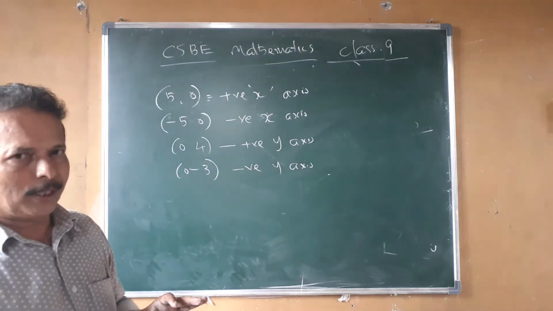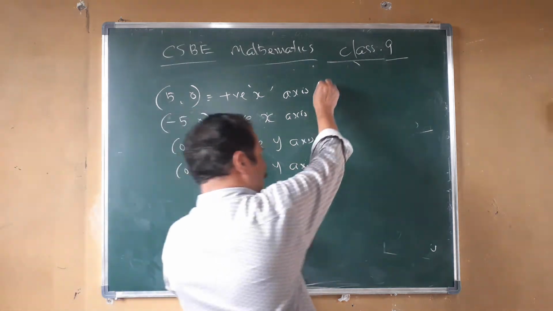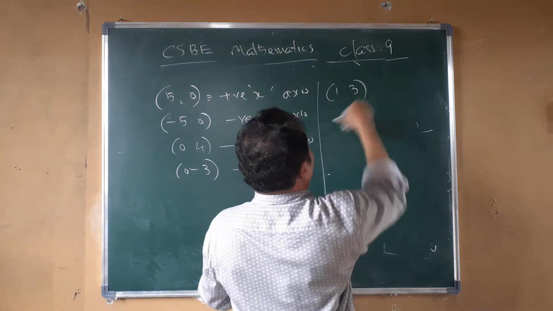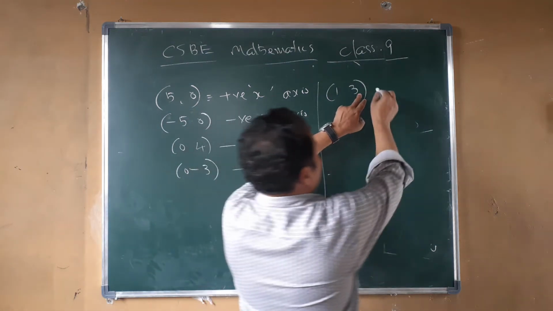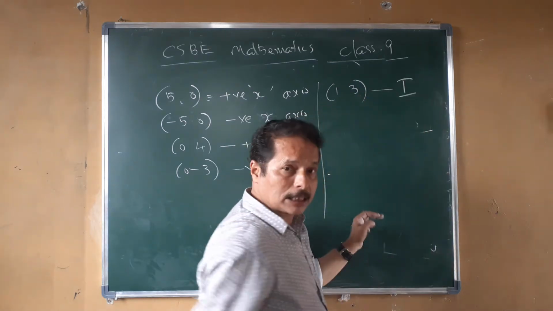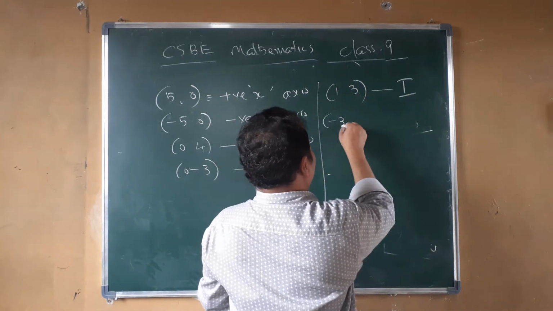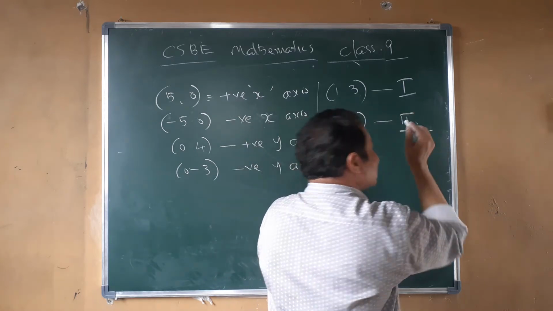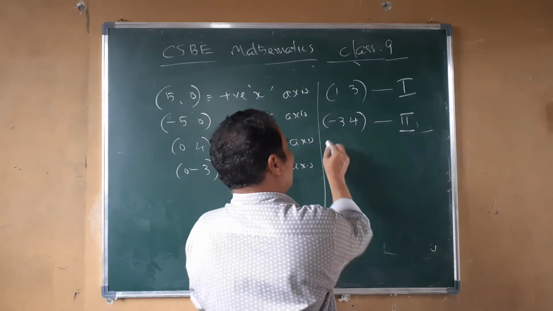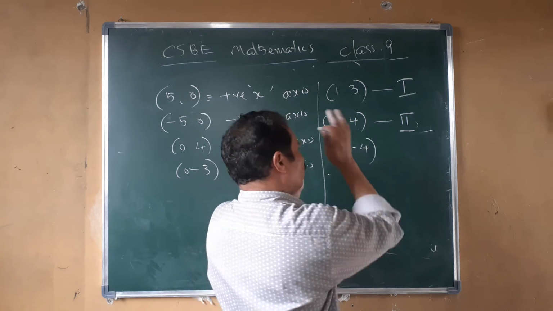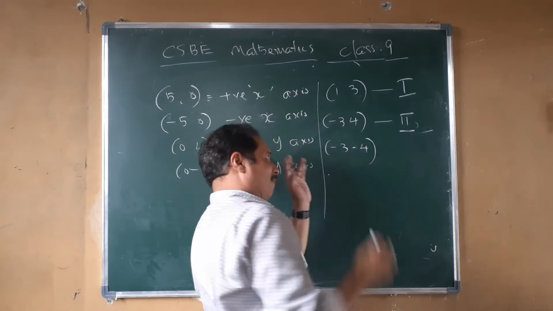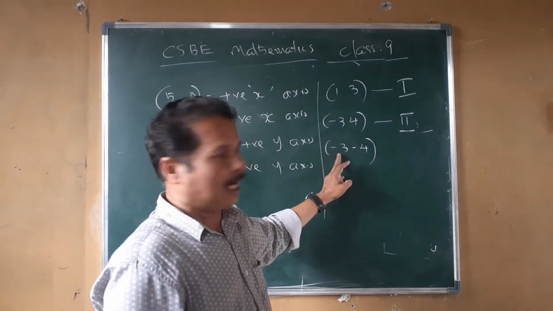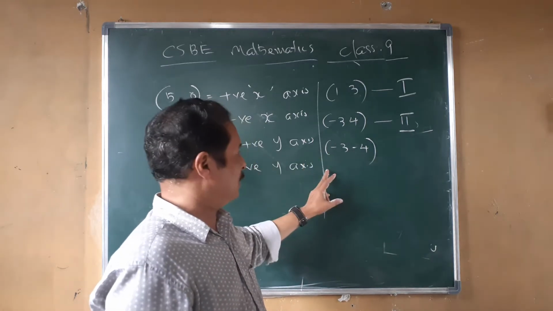Okay. And some points, we'll look once again at some points. 1, 3. X is positive, y is positive, then it is in the first quadrant. Minus 3, 4. X is negative, y is positive, it is in the second quadrant. Minus 3, minus 4, x is negative, y is negative. You remember abscissa? X coordinate is known as abscissa.